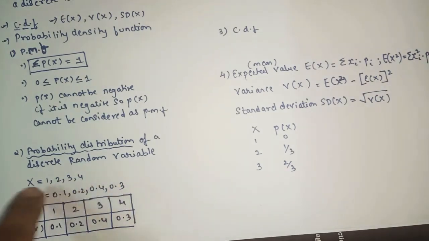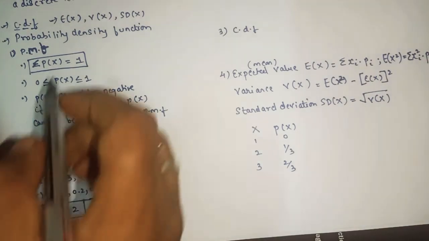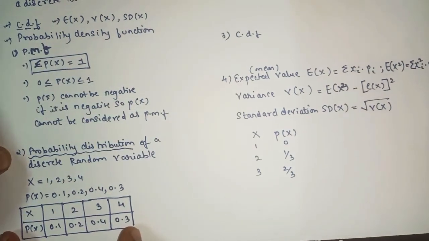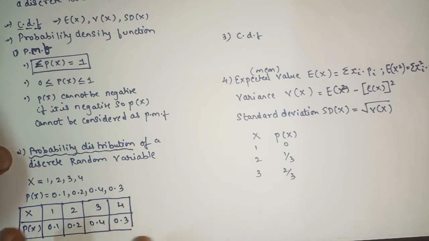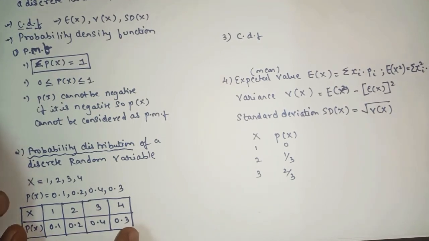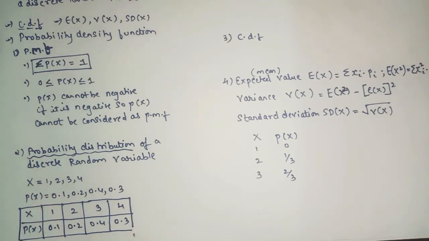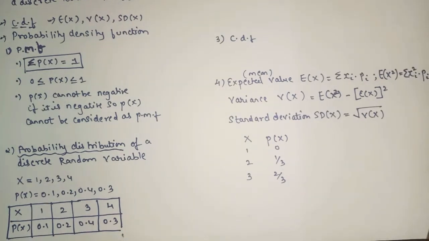You will have this box, and they will say check whether the given probability distribution, this table, is a PMF or not. Simply we have to check whether this P of x can be considered as PMF or not.